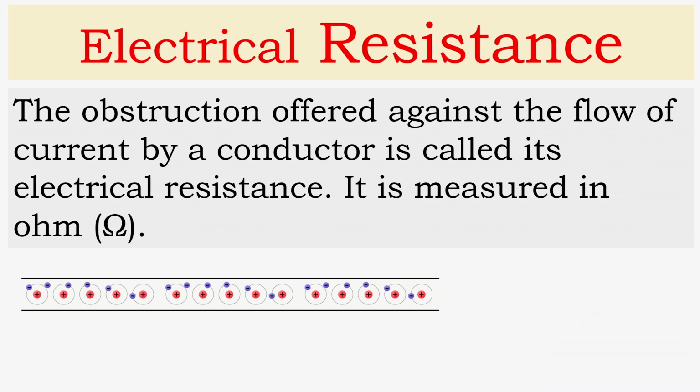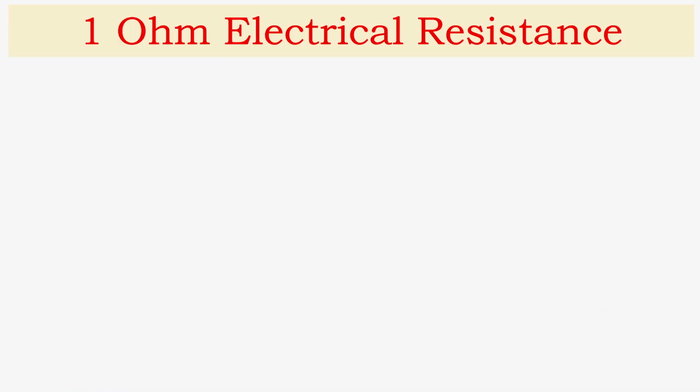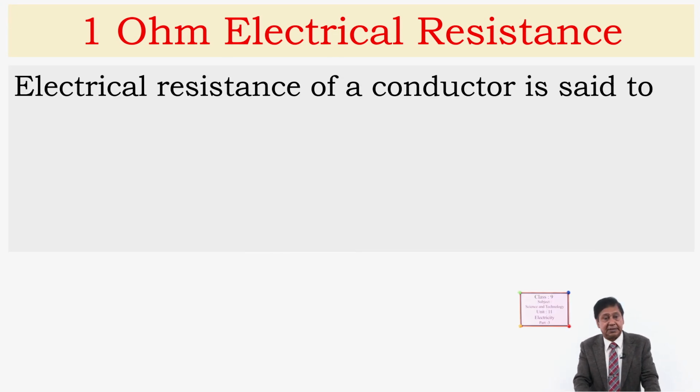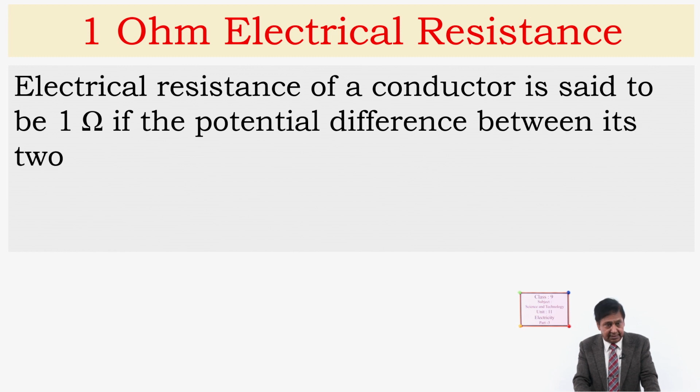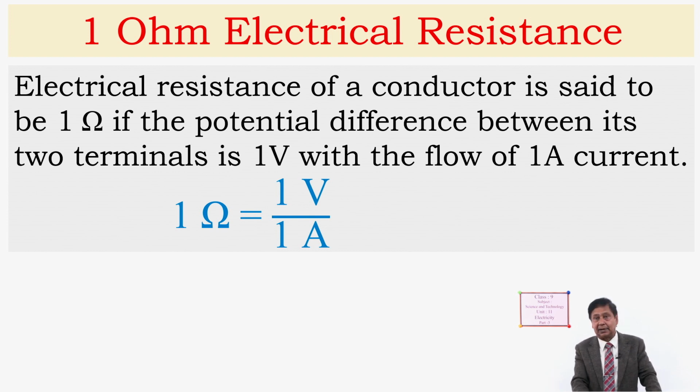Okay, now after this, what is 1 ohm electrical resistance? We know that resistance is measured in ohm. Then what is 1 ohm? 1 ohm can be defined like this. Electrical resistance of a conductor is said to be 1 ohm if the potential difference between its two terminals is 1 volt with the flow of 1 ampere current.